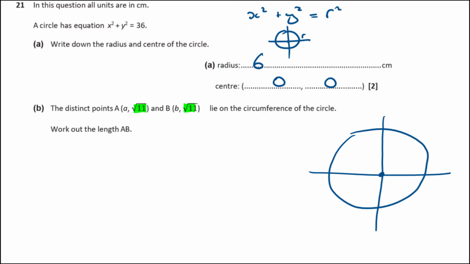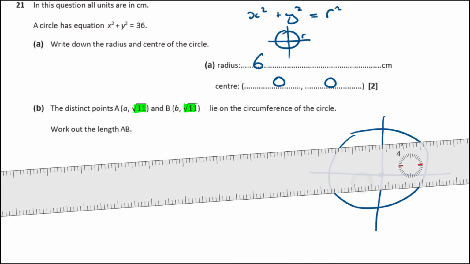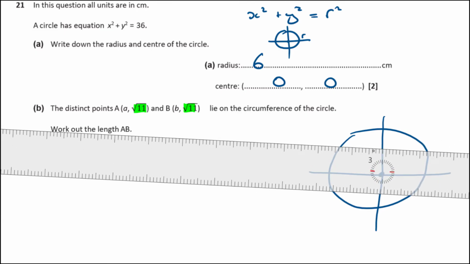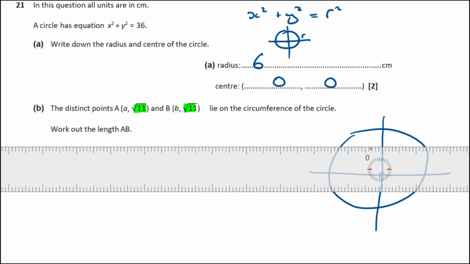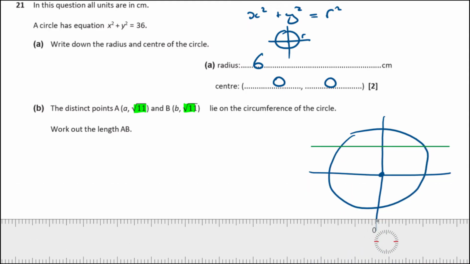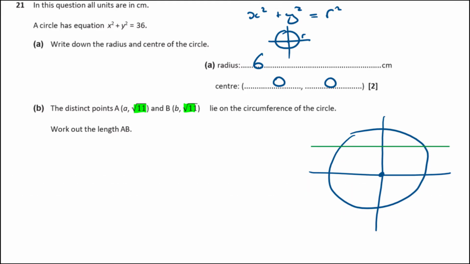So if you imagine a straight line passing through my circle at some point, it's obviously above the x-axis because it's positive, then one of those points is going to be the point A, isn't it?